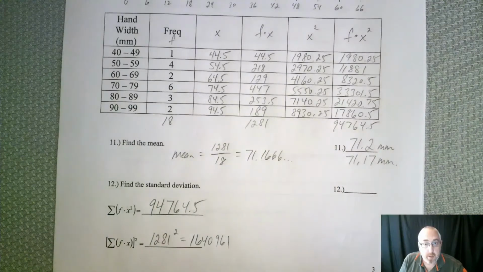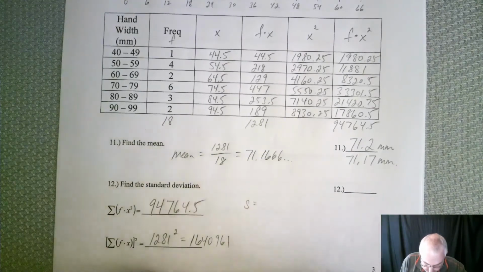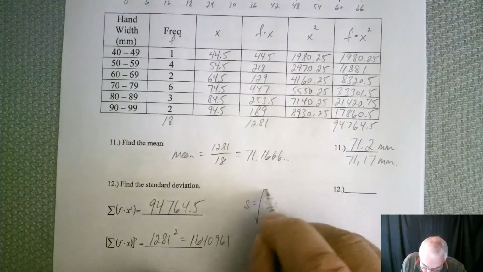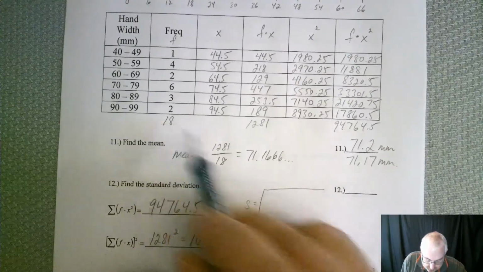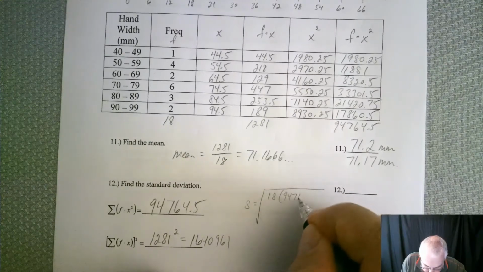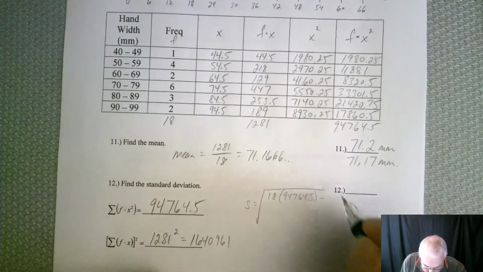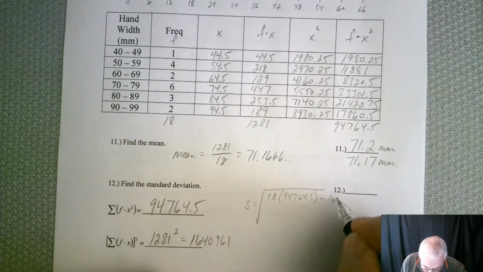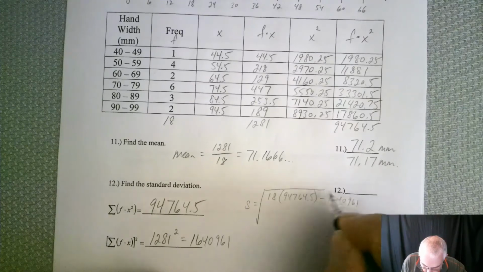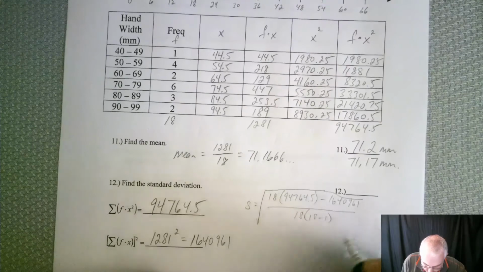So if we put this information all into our standard deviation formula now, we should be able to wrap this up. So we got S is equal to the square root of, now our n in this case is 18, so we got 94,764.5 minus, I'll squeeze it down below, 1640961, all over 18 times 18 minus 1.